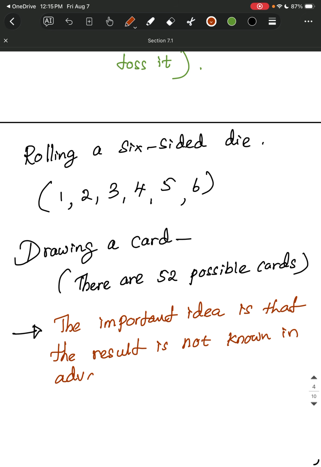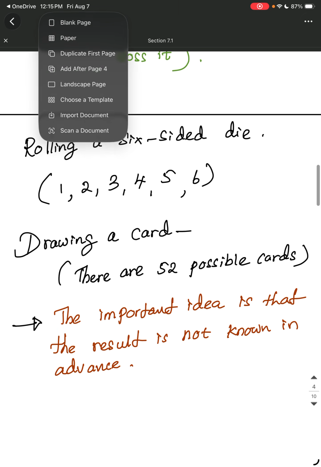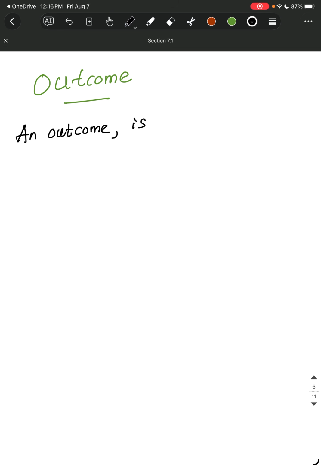Okay, then let's move forward. The second word we want to know is outcome. An outcome is simply one result of the experiment.